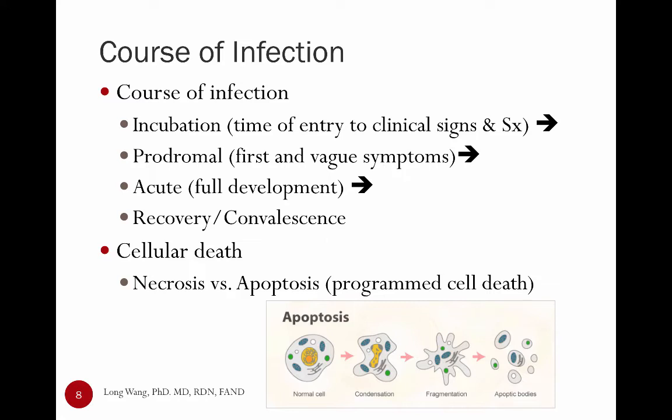Then part of the response to cellular injury is death. Here we need to be very clear regarding the difference between death by cellular injury versus programmed cell death, which we already studied, called apoptosis.